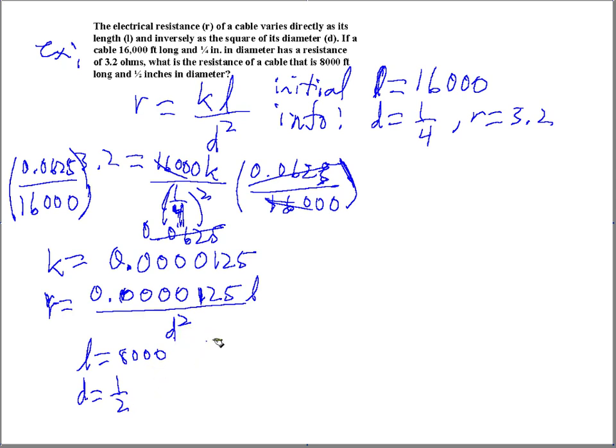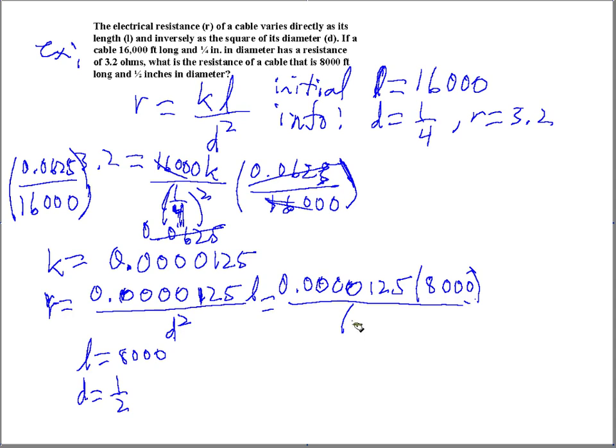So then you're going to get 0.0000125 times the 8,000, divided by 1/2 is 0.5. I'm just going to write 0.5 just to make the writing simpler on the sketch pad, squared.